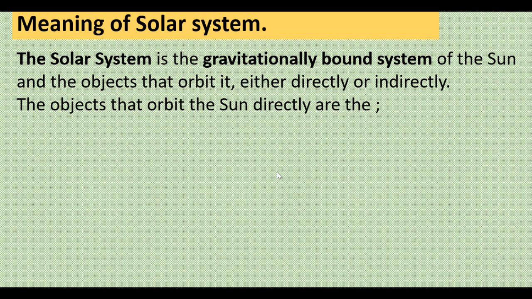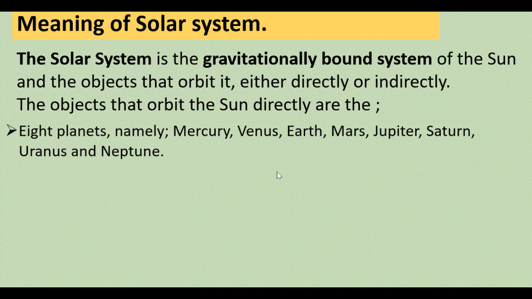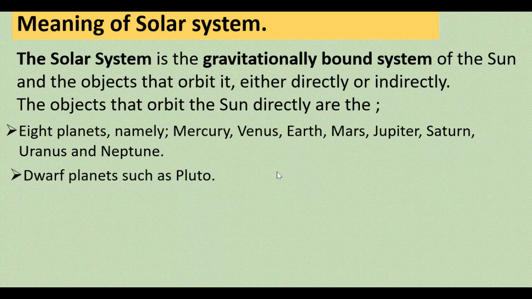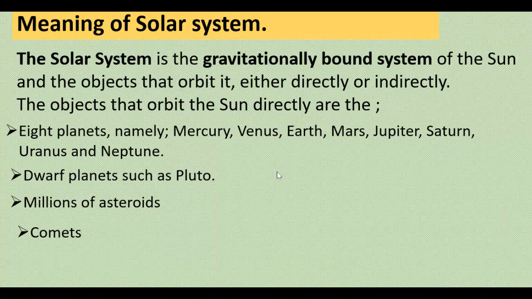The objects that orbit the sun directly are the 8 planets, that is Mercury, Venus, Earth, Mars, Jupiter, Saturn, Uranus, and Neptune. Dwarf planets like Pluto, millions of asteroids, comets, and meteorites.